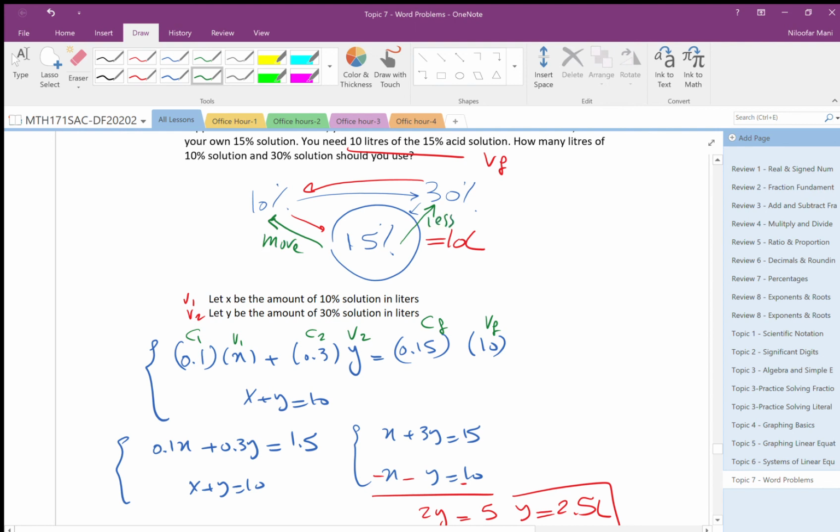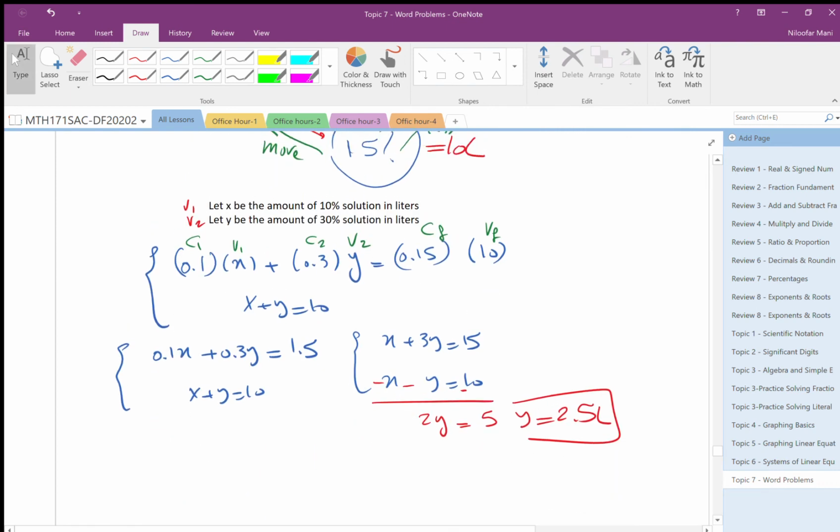I told you, you read your question, you understand the type, you read the last sentence, you define your variable. But before those, you visualize, you make a diagram to make sense for you. Also you estimate: 15% is closer to 10%, so I want more from 10%.